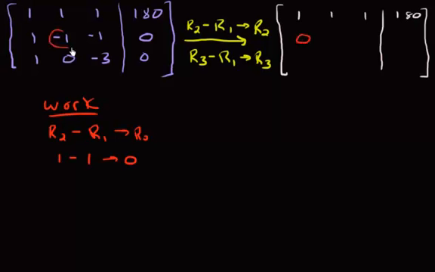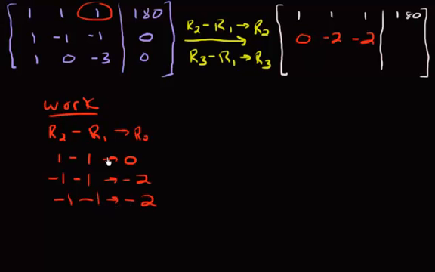Then we're going to get negative 1 minus 1, that's negative 2. Next we'll have negative 1 minus this 1. That's going to get us negative 2 again. And then we're going to have 0 minus 180, which is negative 180. We'll put that in there. Alright, so we're done with that row. Let's move on to row 3.